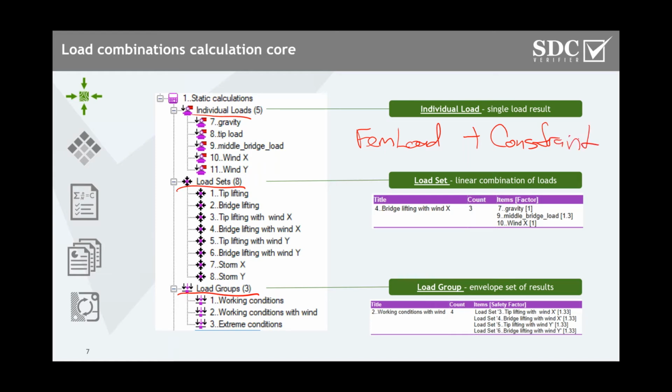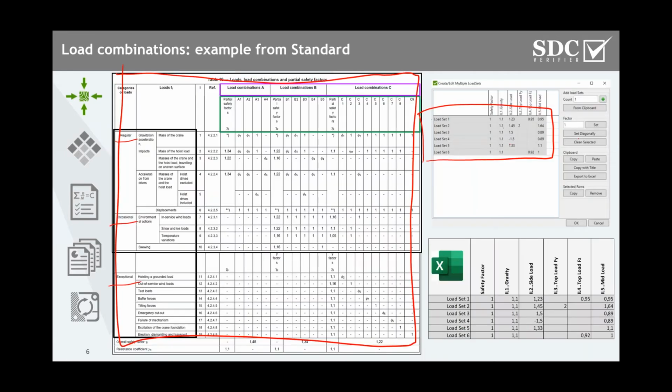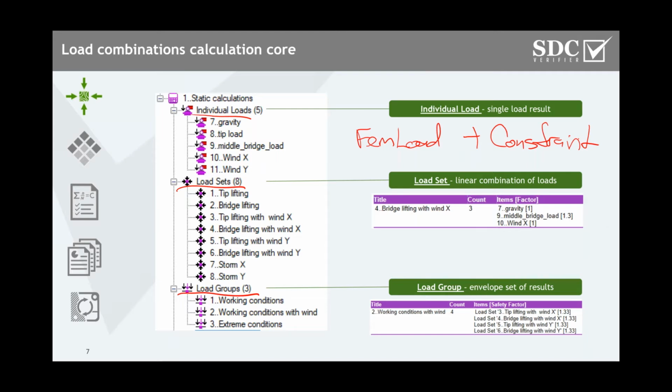These influences can be linearly combined into loading sets, what you've just seen on the matrix. And within these loading sets, individual loads can be multiplied with factors and coefficients. So this allows you to set up a unit load for whatever, let's assume this middle bridge load here, where you're not sure about the value.